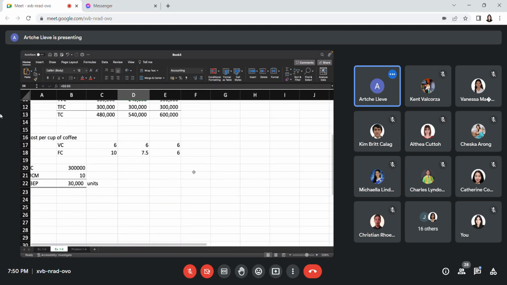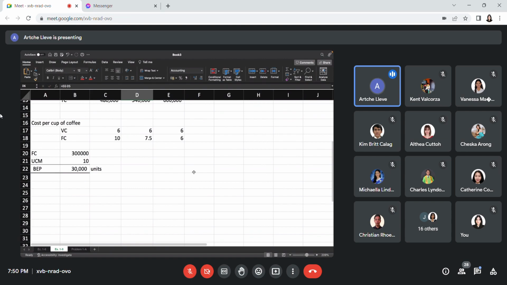Here, we already know that there is a fixed cost of 300,000. The next question is how do I get the contribution margin per unit? Simple.